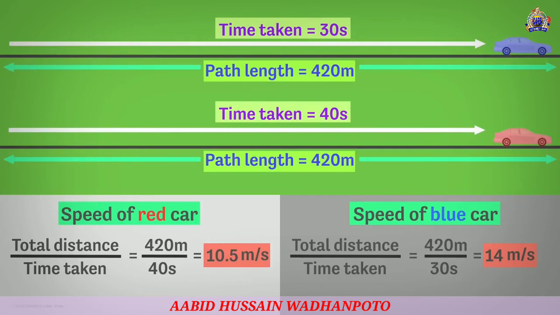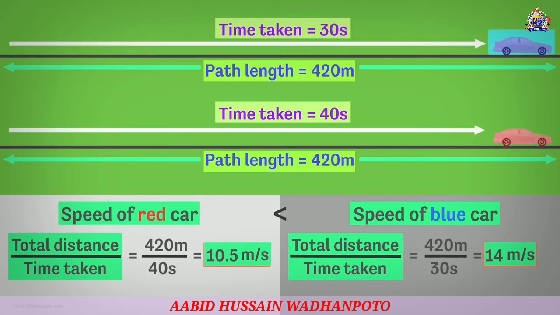As distance has the unit meter and time has second, we can say which body has more speed. This is a question for you. Yes, good. The first object has more speed, as it is the blue car.